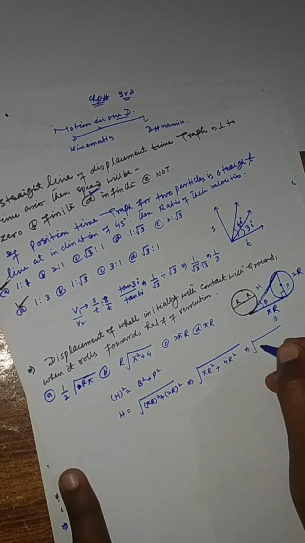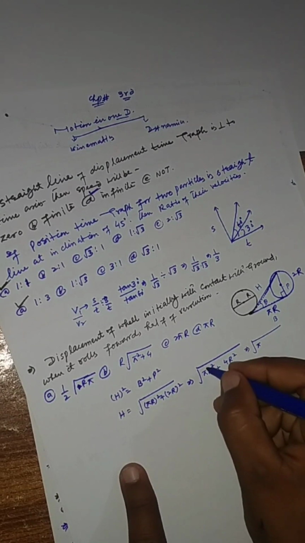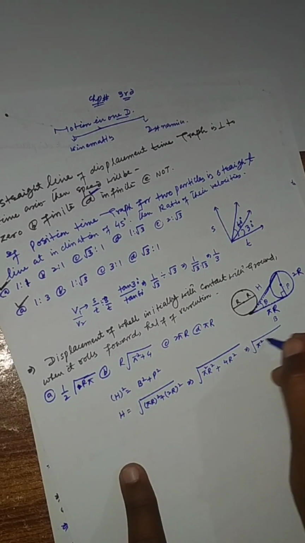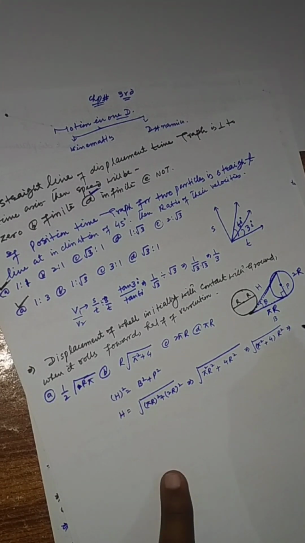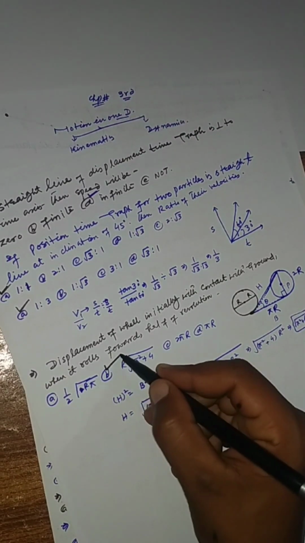By taking r square common, pi square plus 4 into r square. Then we get radical of pi square plus 4 into r. Okay, this will be the distance or displacement. So the correct answer is this.